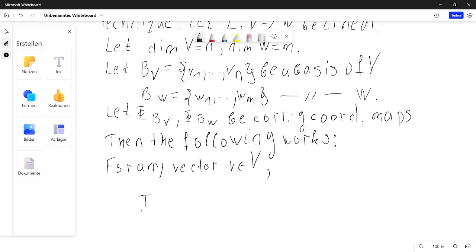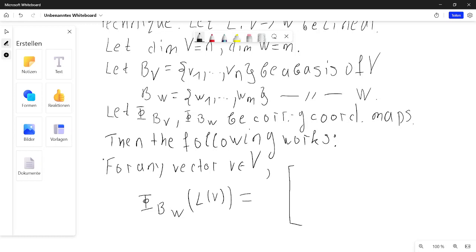The coordinates of its image under L, which are coordinates of L(v), and of course I mean coordinates with respect to our chosen fixed basis B_W, but of course we can choose any such basis, we just have to remain consistent in computation.